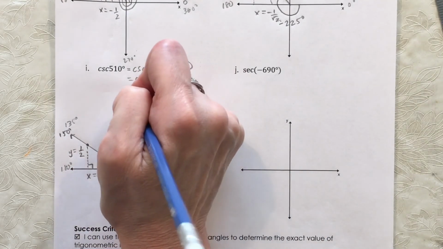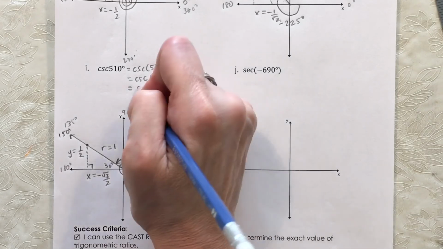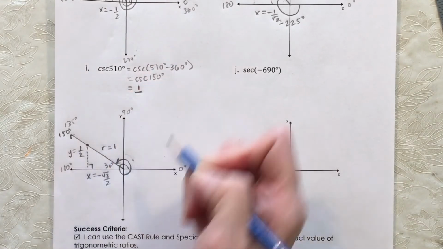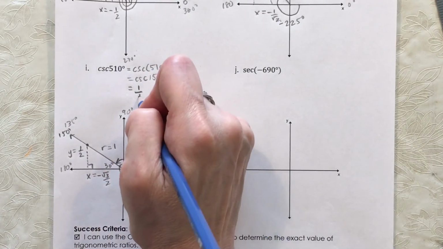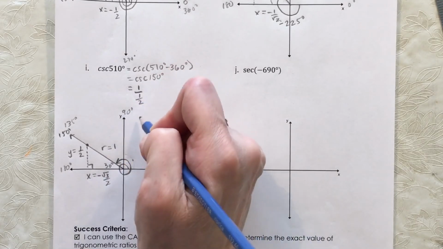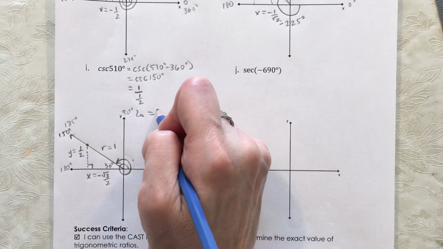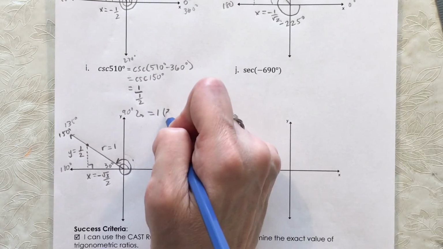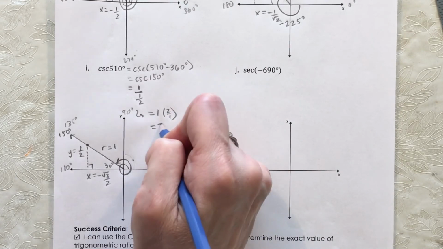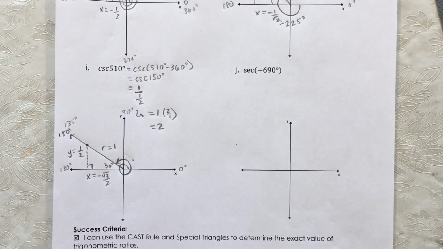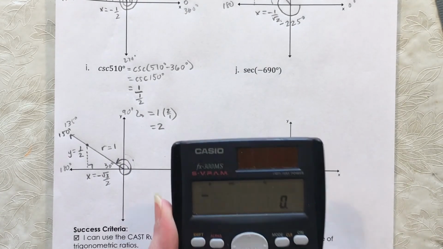And cosecant is r, which is 1, over y, which is 1/2. So 1 divided by 1/2 is the same as 1 times 2 over 1, which is 2. So cosecant of 510 is 2, which we got from using special triangles.